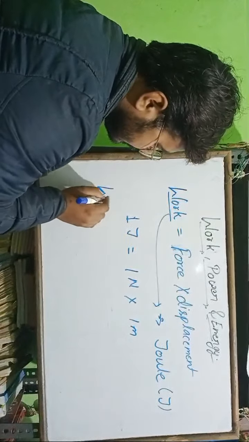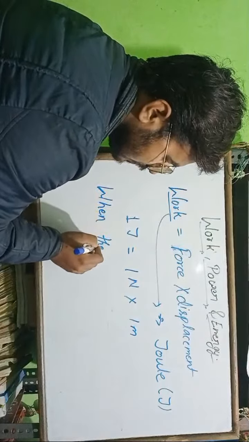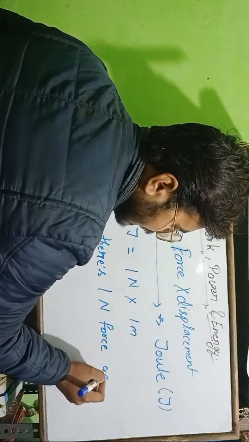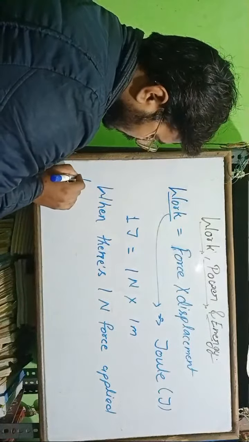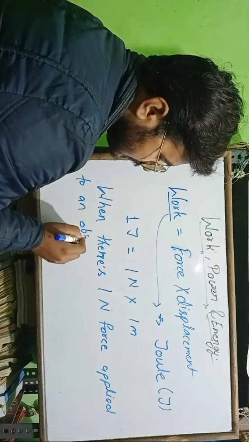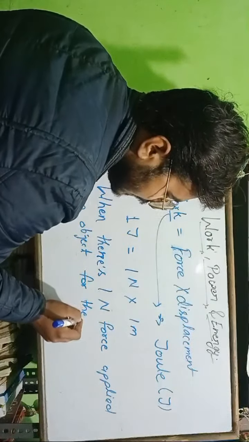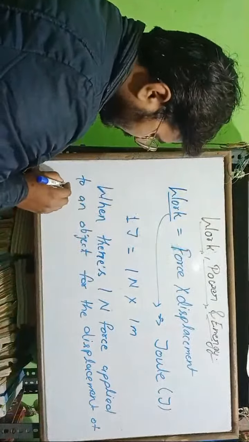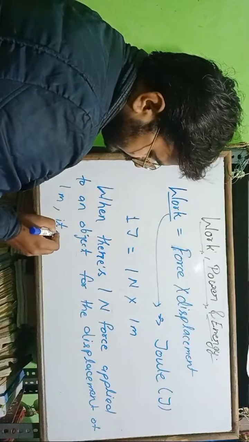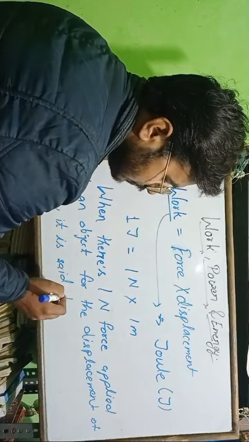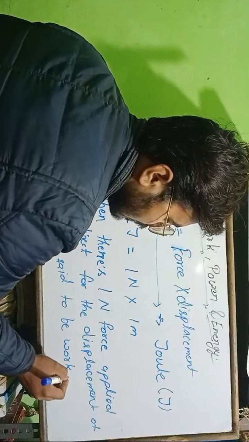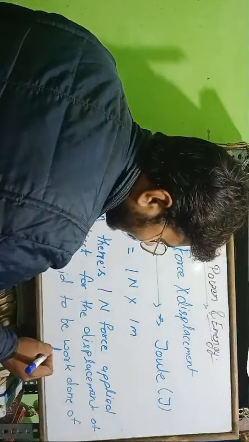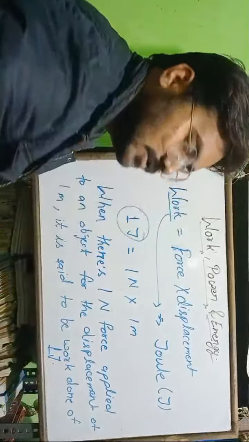When there is 1 Newton force applied to an object for the displacement of 1 meter, it is said to be the work done of 1 Joule.